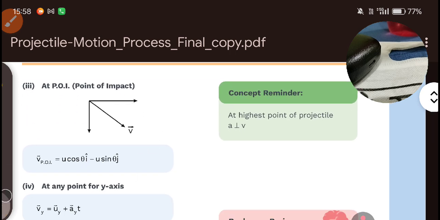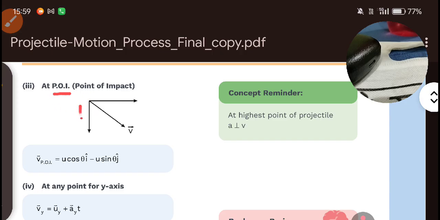Now next, this POI means point of impact or point of incidence, where the ball or object will hit the ground coming from upward.